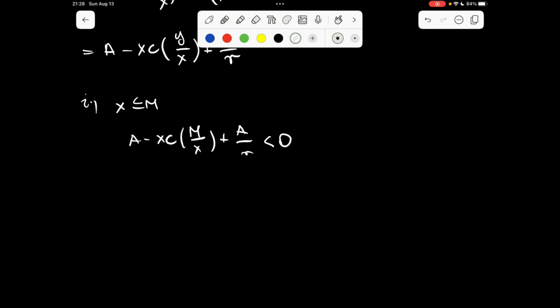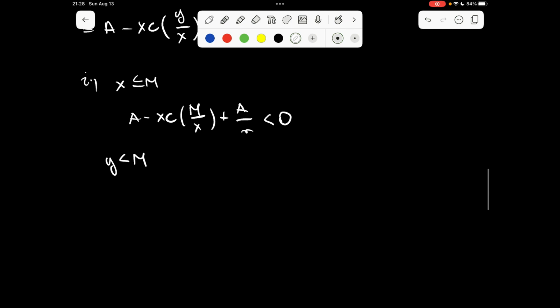It's clear that in this case, investment must be lower than m. In the other case, when x is higher than m, let's define m this way.